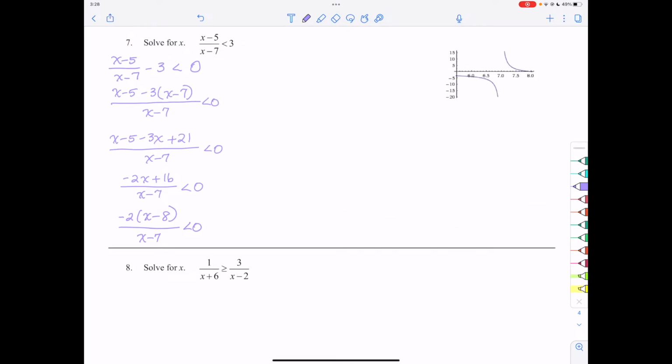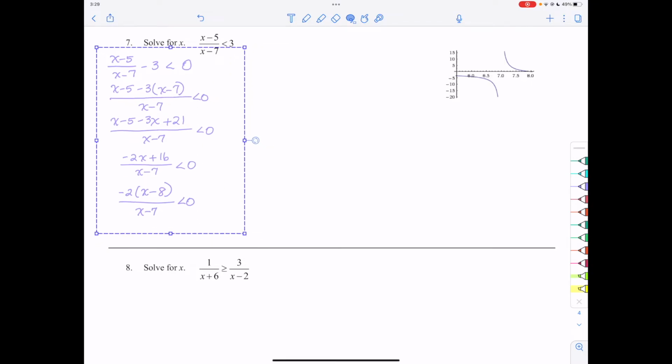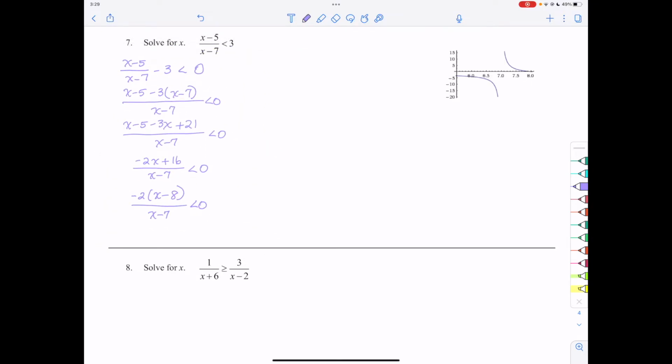And these solutions are x equal to 8, and we are undefined at 7. And we have to keep in mind that at x equal to 7, we cannot include that because it makes the denominator equal to 0. Okay, so let's go ahead and make our sign chart. So we will place 8 and 7 on our sign chart.